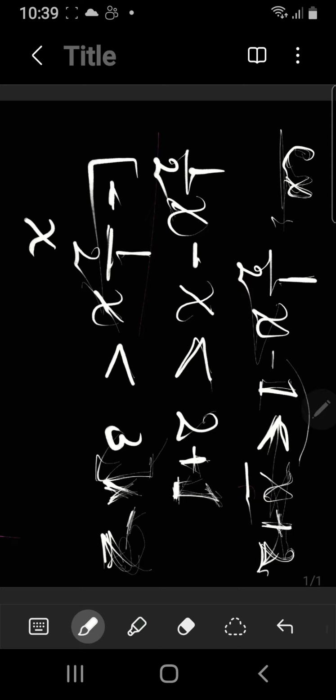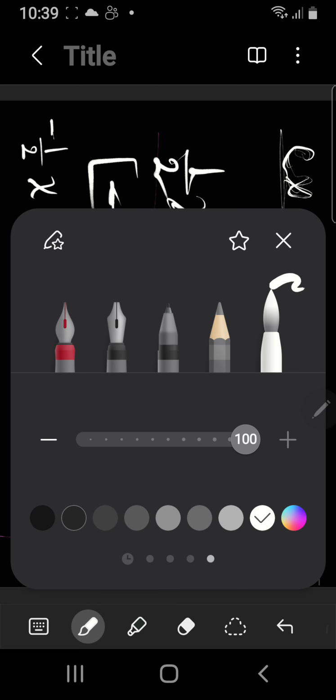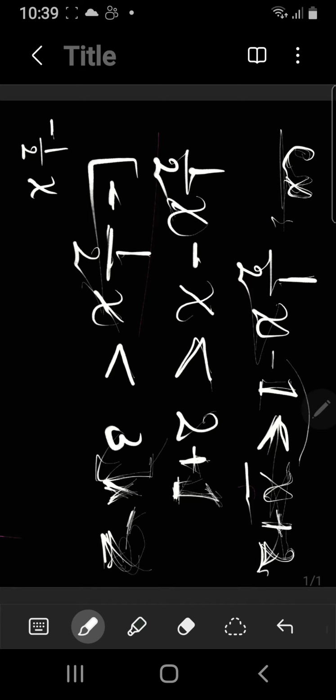So negative half x times negative 2, bigger than, because we multiply by a negative, you should flip the symbol.